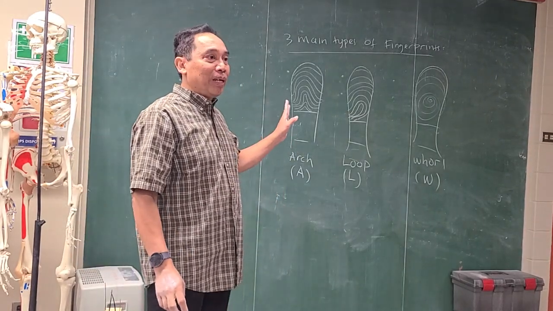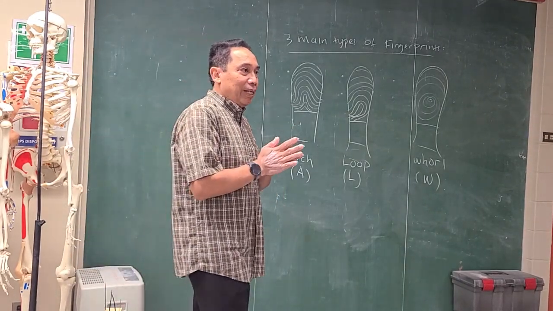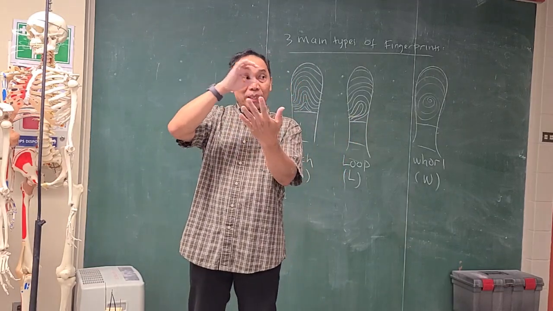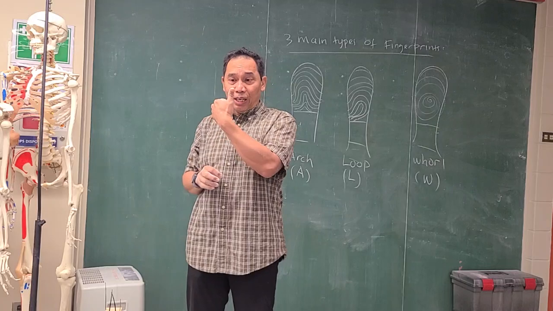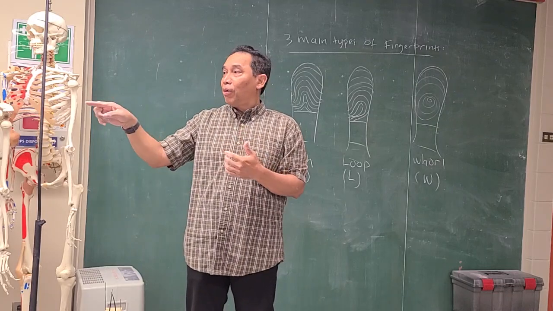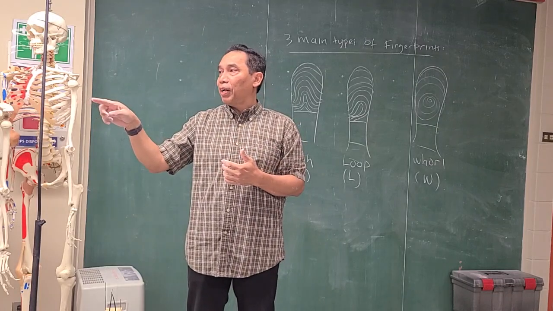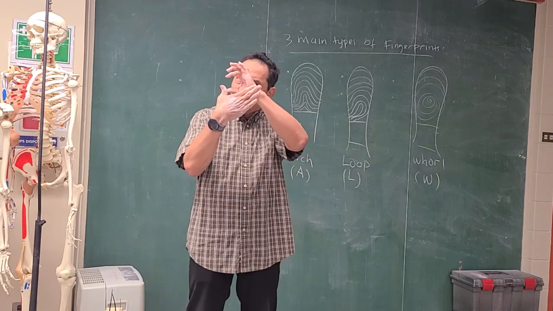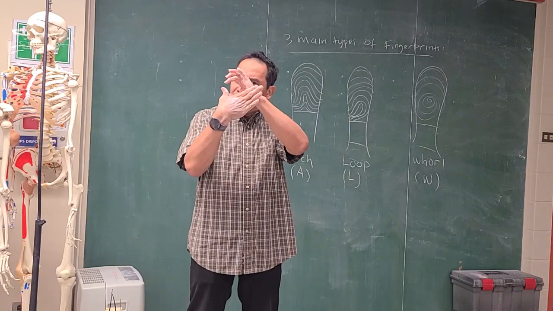So your job today is to see. I'm going to give you the magnifying glass. First, which one first, right hand or left hand? Right hand. So look at your right hand under the magnifying glass and find it.